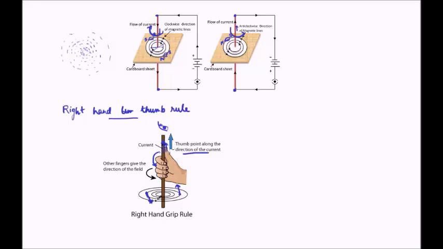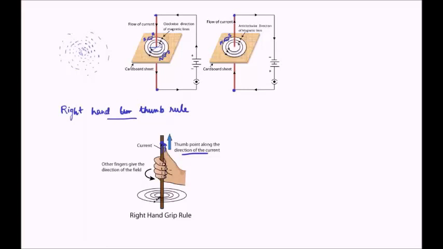You need to know that you are using your right hand, and under that circumstance, if you curl your other fingers, the direction of curling of your fingers will give you the direction of magnetic field at any point. So if we see from top, the fingers are being curled in an anti-clockwise direction, right?